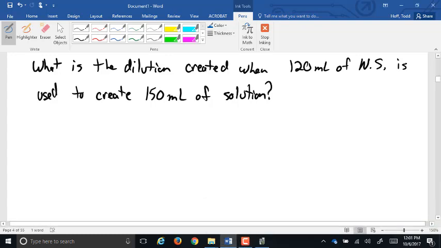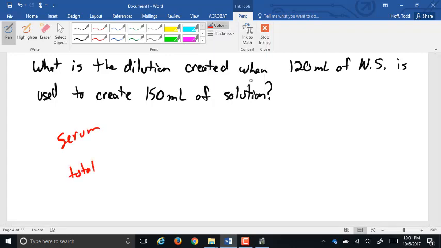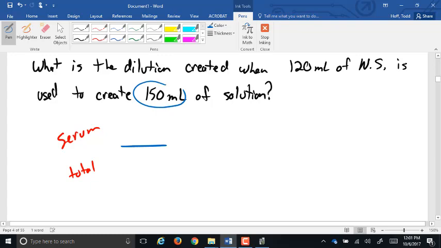We're looking for the dilution created, and a dilution will be serum over total. Do we have either of those numbers? Yeah, the 150 is the total solution, 150 milliliters. The serum is not given, but we can find it.